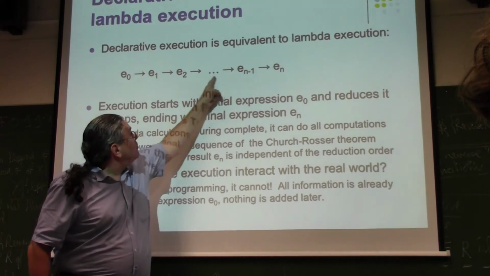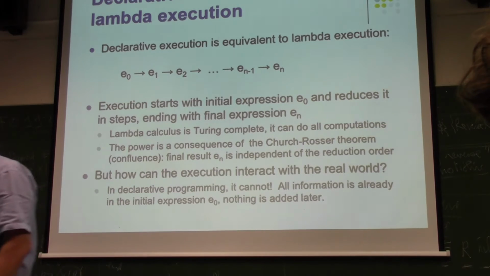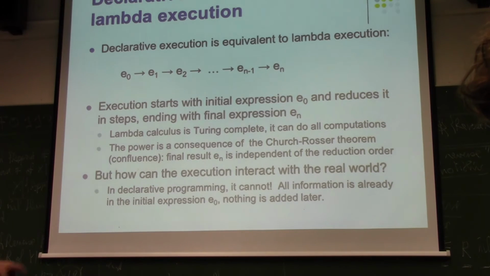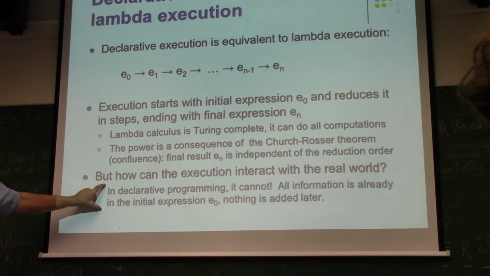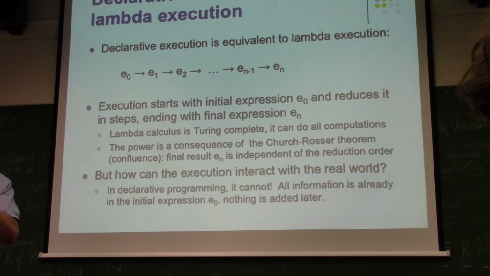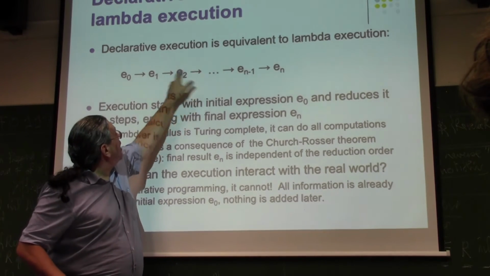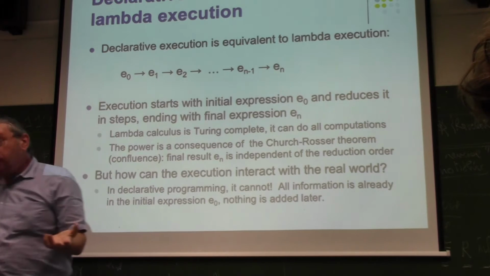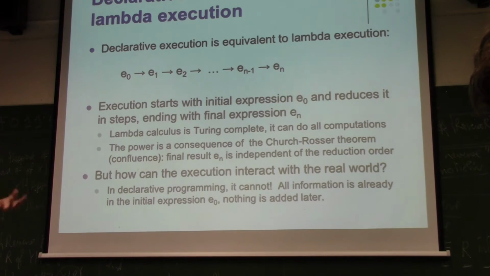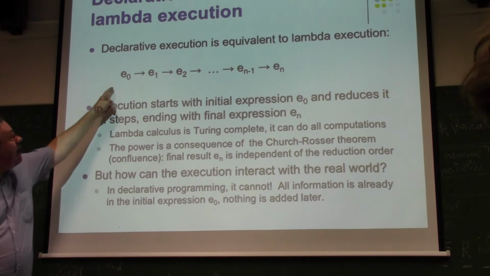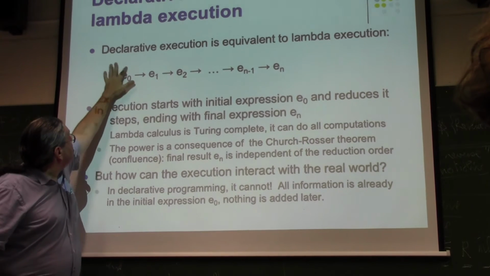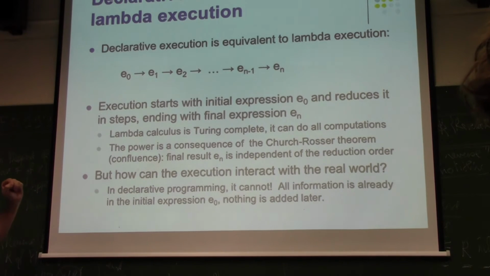This thing cannot interact with the real world while it's executing. It cannot, for example, if you're typing on a keyboard and you want to put in some information while it's executing, you cannot do that. Because, well, yeah, you can, but it's not declarative anymore if you do that. Because in the lambda calculus, everything is already in the initial expression.